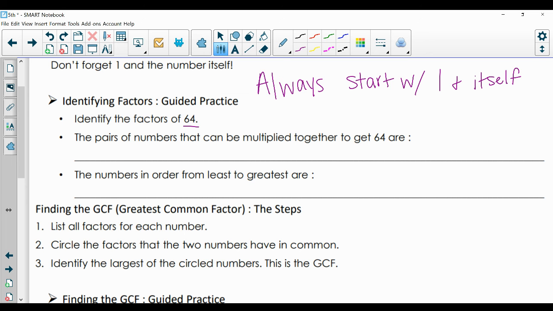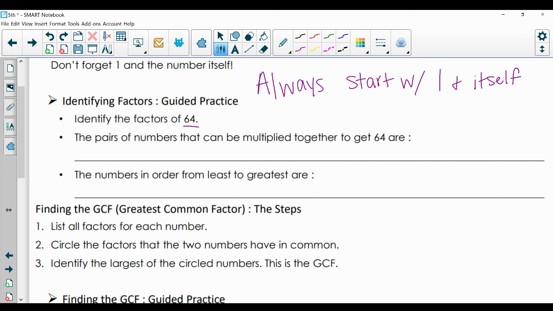Those are like the bookends. So like, you know on a bookshelf how you have the two separate ends that keep the books from falling over on each other? Y'all know what I'm talking about when I say bookends? Okay, sometimes they come in cute little shapes, or sometimes they're just little metal pegs and they keep the books from falling over. Well, 1 times anything is itself.